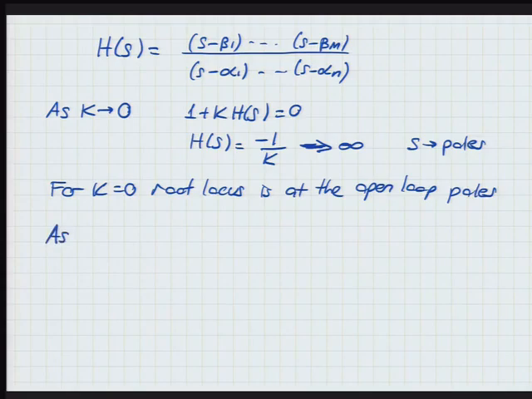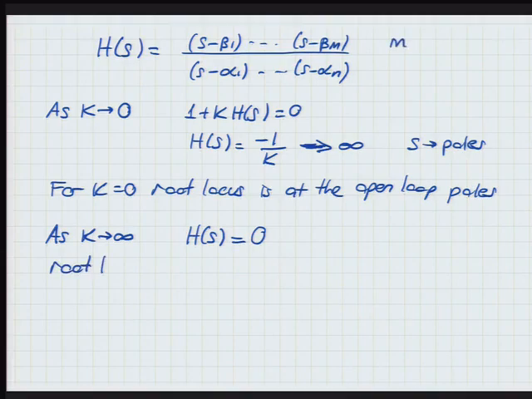Now, what happens as k goes to infinity? Now I'm asking for solutions to h of s equals 0, right? And when does that happen? When h of s has a 0 at that point. So that means as k goes to infinity, how many zeros do we have?